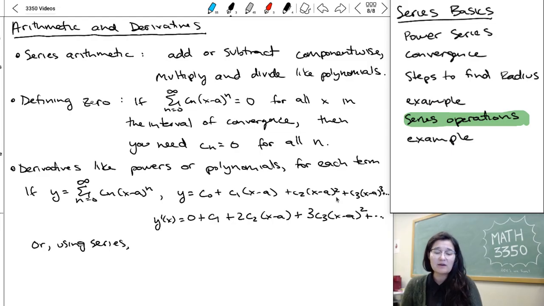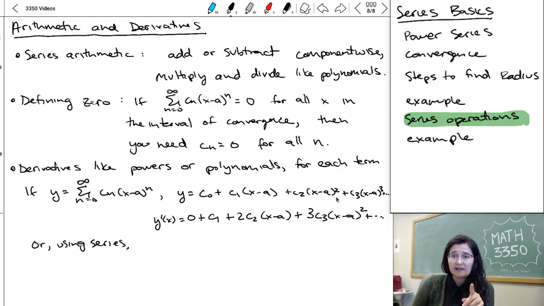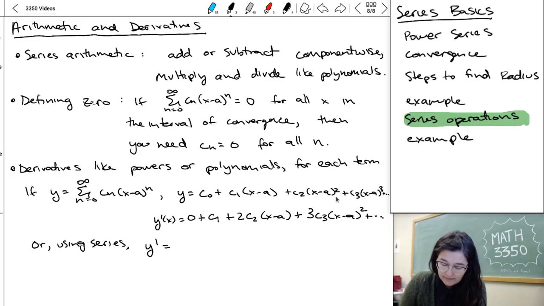We actually have to take it one step further though, and we'd like that derivative to be represented as an infinite series, just like y, for when I plug it into an ODE. So I want it to be an infinite series, but my 0th term actually went away. So this series is going to start from 1. And then I still have my c's, like c1, c2, c3.